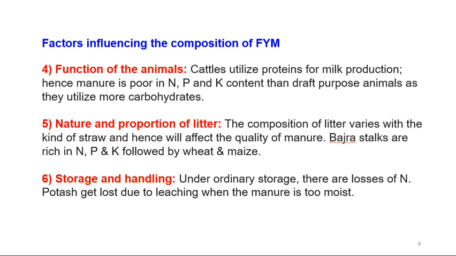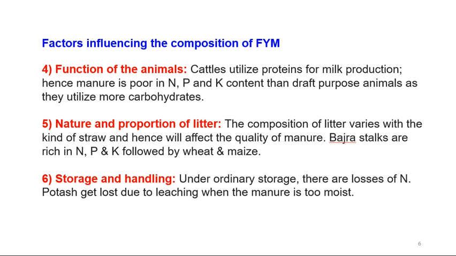The composition of litter varies with the kind of straw and hence will affect the quality of manure. Bajra stalks are rich in nitrogen, phosphorus and potassium, followed by wheat and maize.